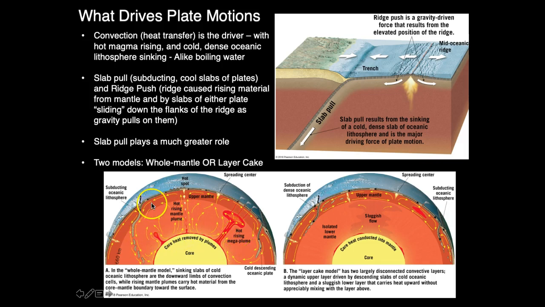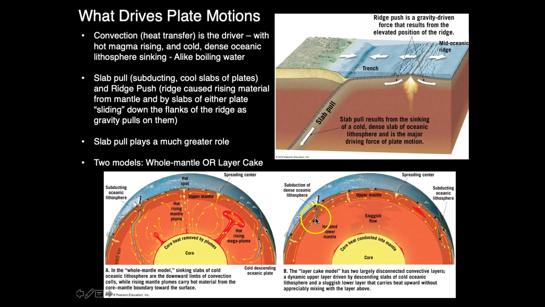The second model is the layer cake model that you're seeing on the right side of the image, and it suggests that the Earth has two largely disconnected convection layers, a more dynamic upper layer driven by the descending slabs of the cool oceanic lithosphere, just like we saw in the previous model, but only going so far.